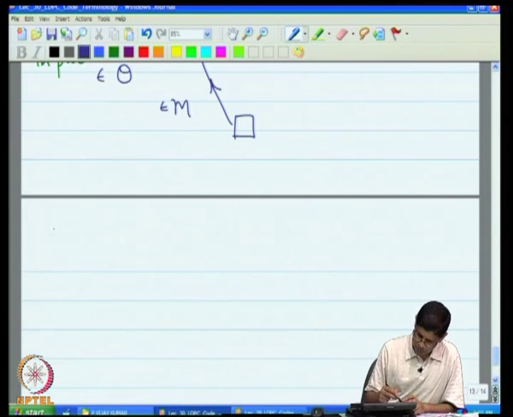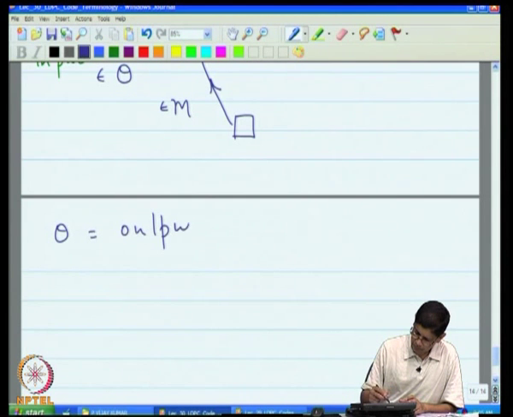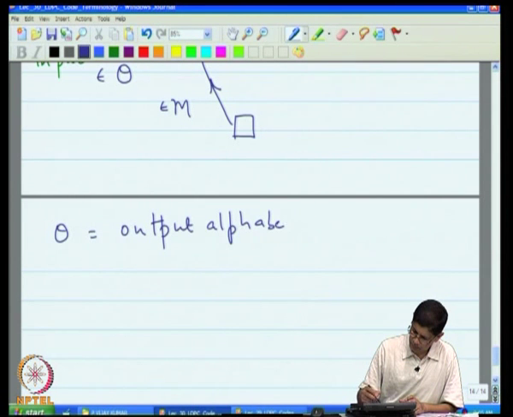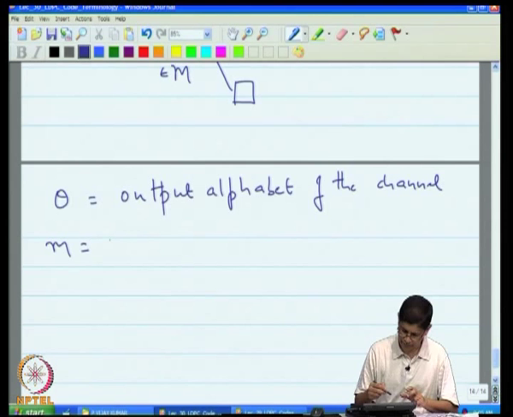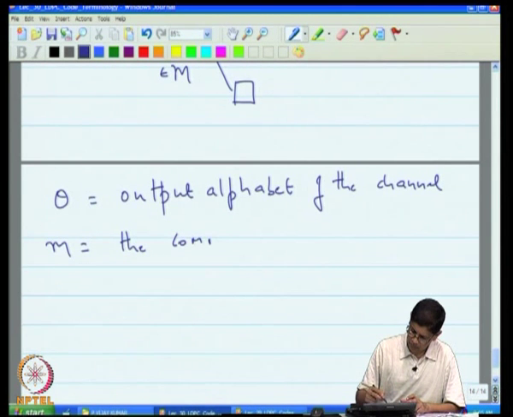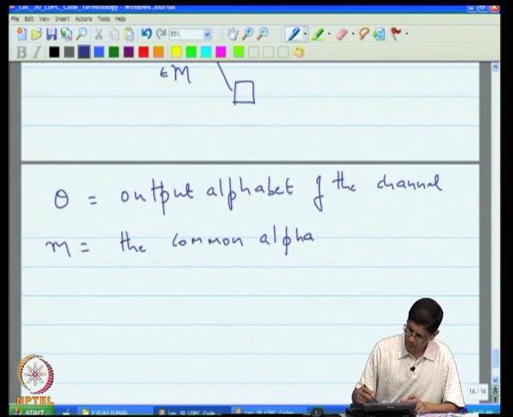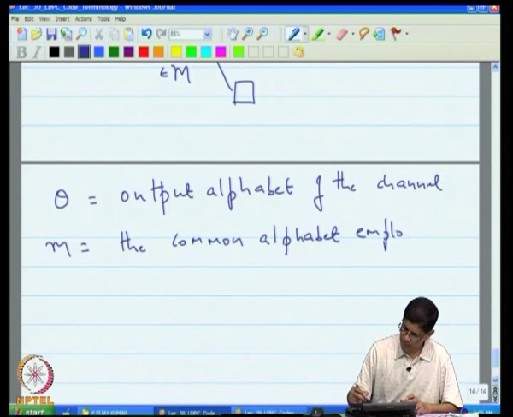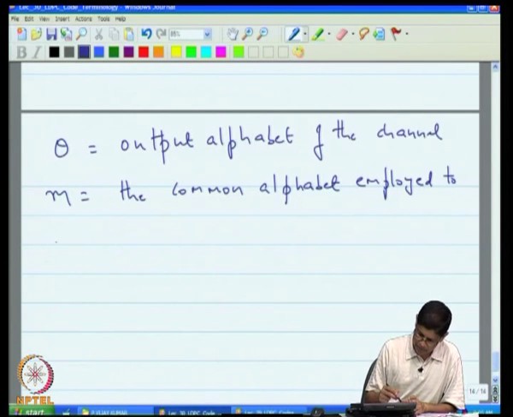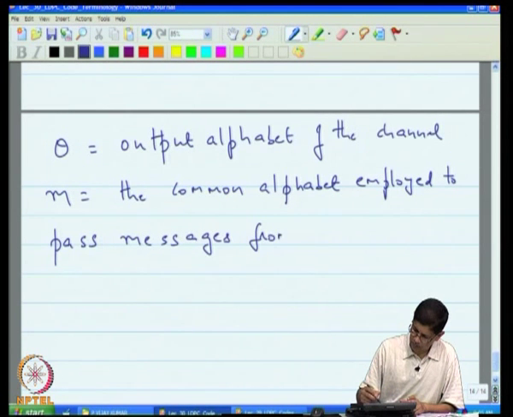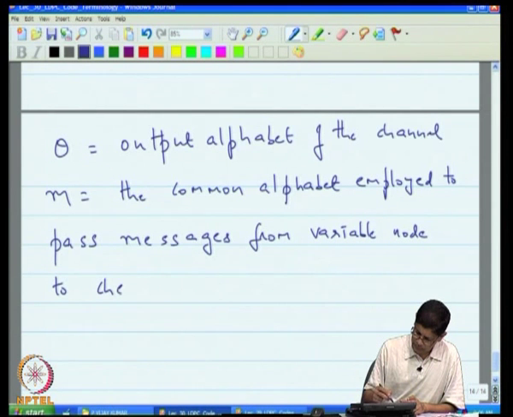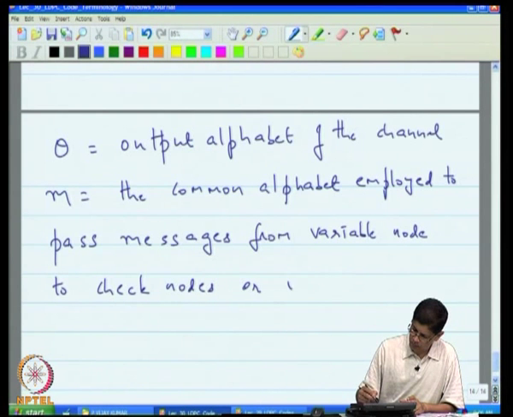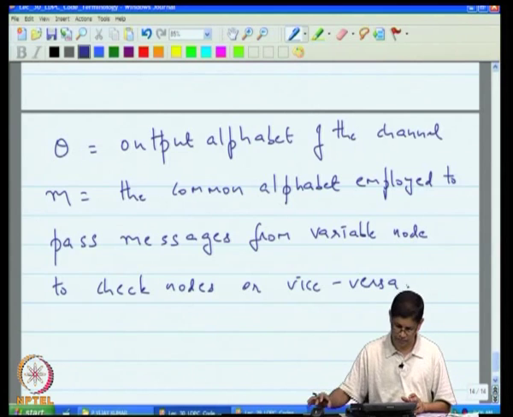So, then O is the output alphabet of the channel, and M is the common alphabet employed to pass messages from variable nodes to check nodes or vice versa. Okay.